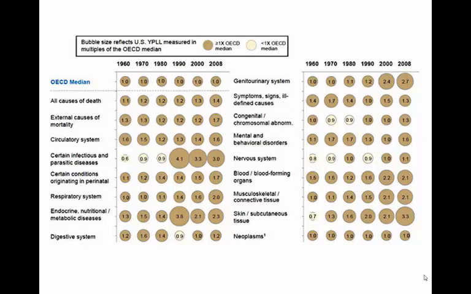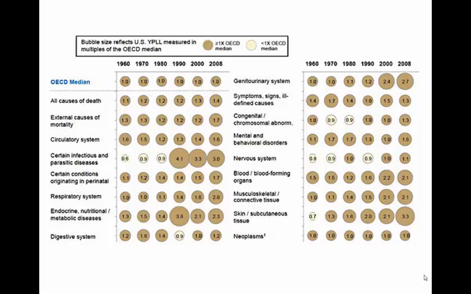In this chart, years of potential life lost, YPLL, is measured as an average for the 34 nations of the Organization for Economic Cooperation and Development. This is basically just a group of rich nations that share data on some important issues.